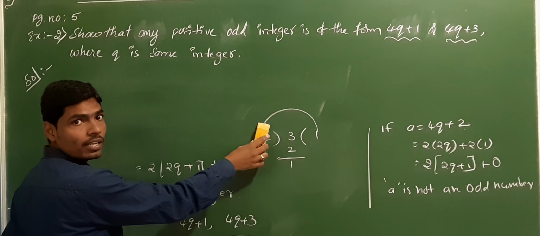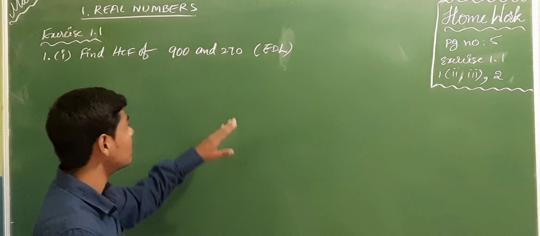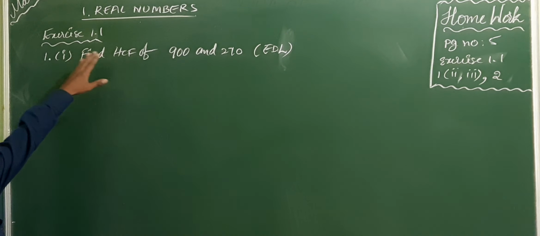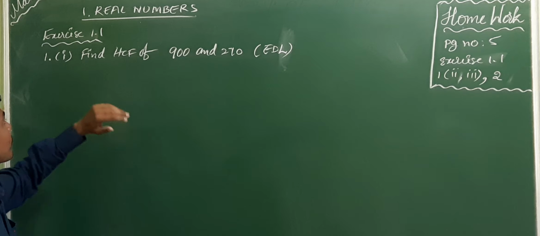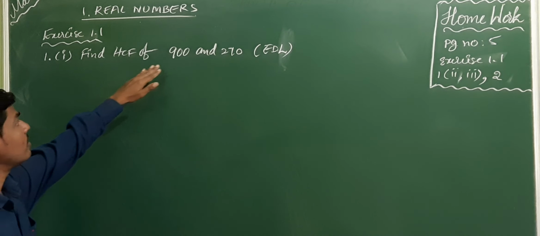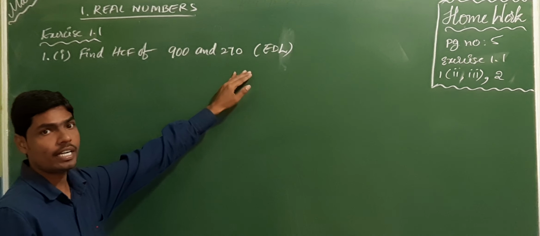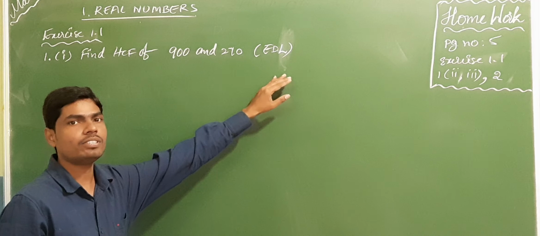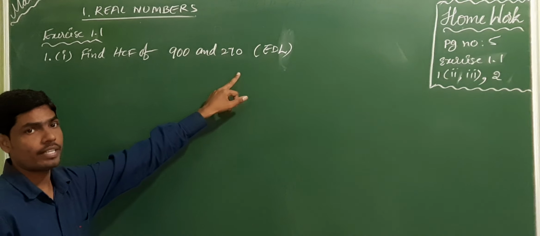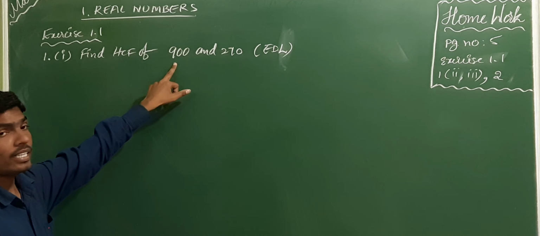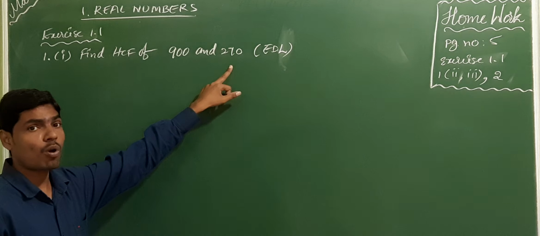Okay students, here is exercise problem 1.1, in the first bit, first problem. Find the HCF of 900 and 270 by using Euclid division lemma. Here we have 900 and 270. 900 is the bigger number, 270 is the smaller number.